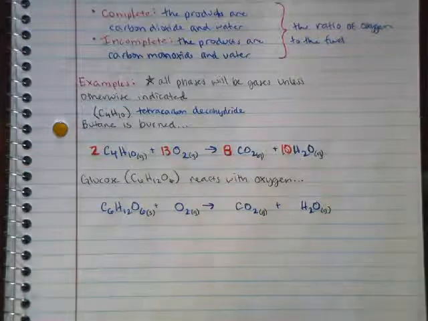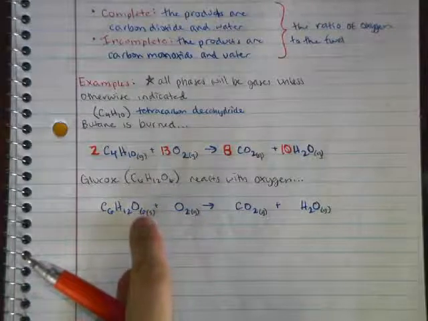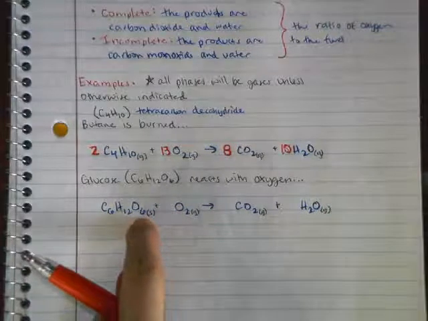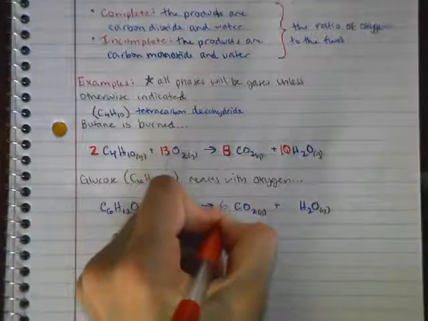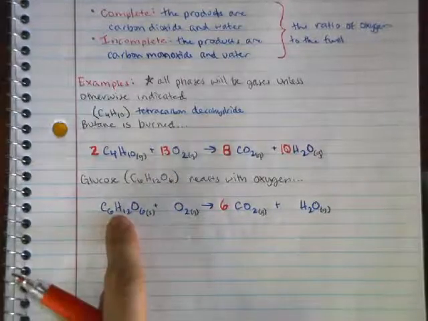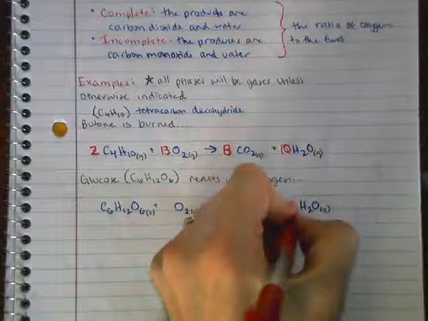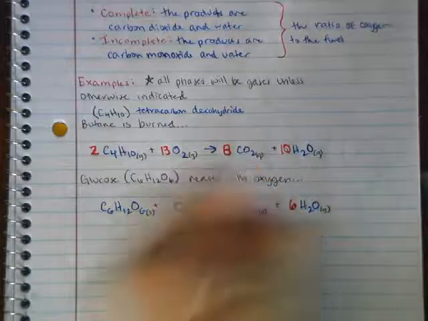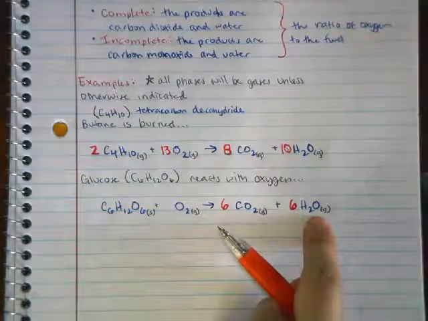And then again, all we need to do is balance. This one's a little bit trickier because the oxygen on the reactant side is also contained in the fuel. So you have to take that into account. For instance, I've got 6 carbons, so I need to produce 6 carbon dioxides to make that work. I have 12 hydrogens, which means when this breaks apart, I'll have to make 6 water molecules. Now I've got 6 times 2 is 12, plus another 6 is 18 oxygens.